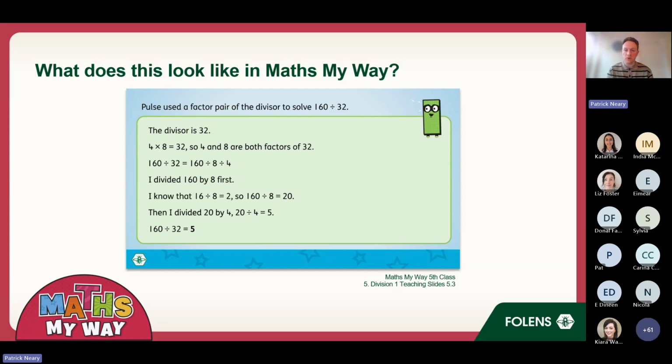You have Pulse's way, Brain's way, Bolt's way to look at and to explore. But from my experience, with the new topic, the children are great at coming up with lots of different ways. And the numbers that we've used in these activities are specifically chosen so that it's easier for the children to come up with ways to solve it. But the slides are here as a support.